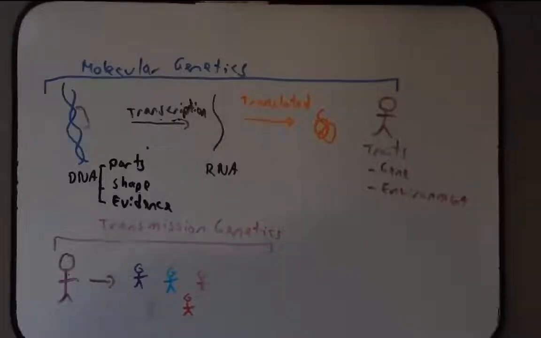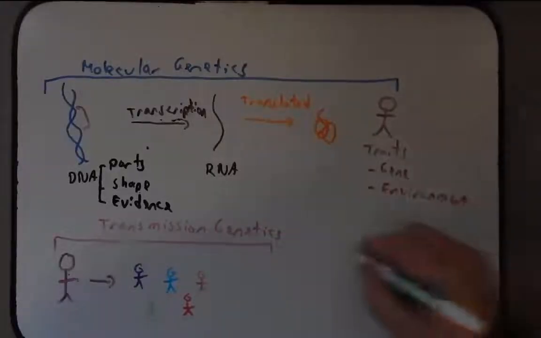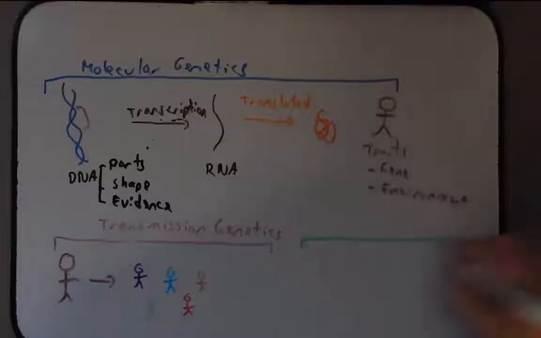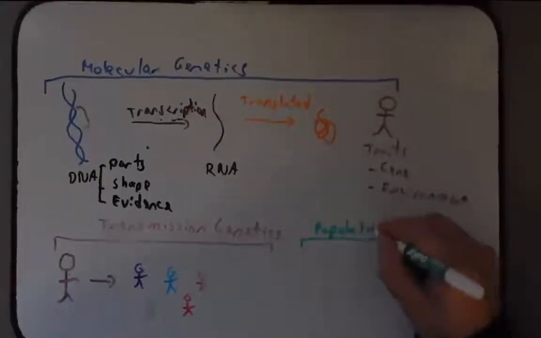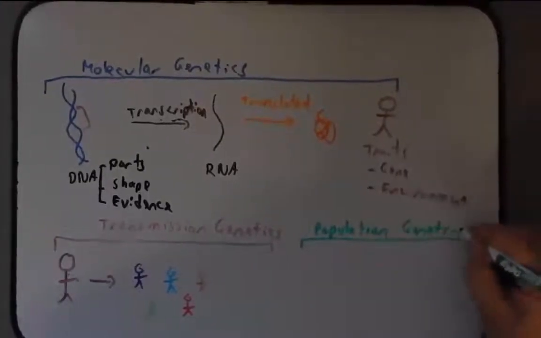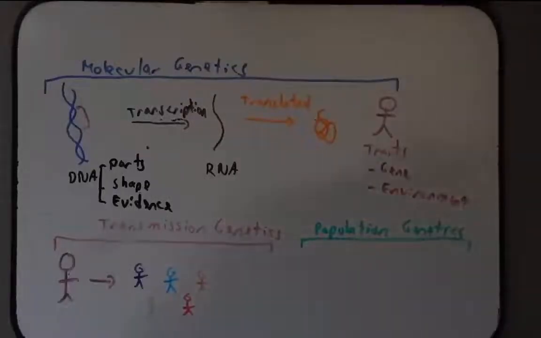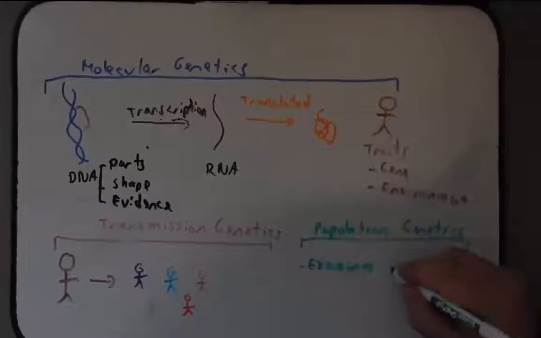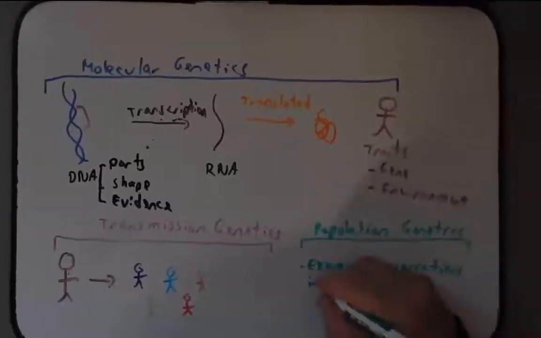Though we won't spend much time in this class talking about it, it bears a little bit mentioning now. There is a third branch of genetics called population genetics. Even though we're not going to spend much time on it, I do think it's important to talk about it at least briefly here. Transmission genetics tells us how traits are passed on from parents to progeny. Population genetics examines variations in populations.